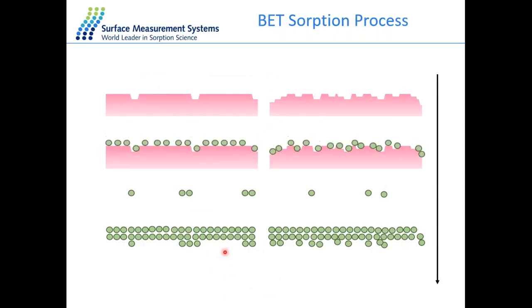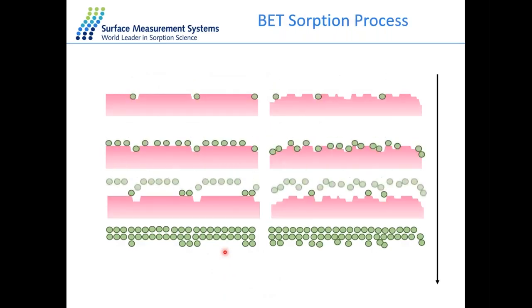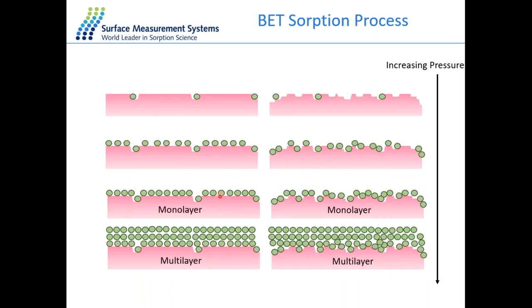So, pardon my cartoons here, but basically what we can look at is as we go up in pressure, so we go increasing pressure here, initially the first few gas or vapor molecules will find the highest energy sites on the surface, and then they will fill until eventually we get a monolayer.